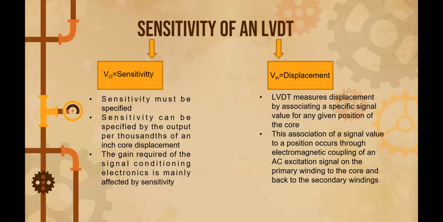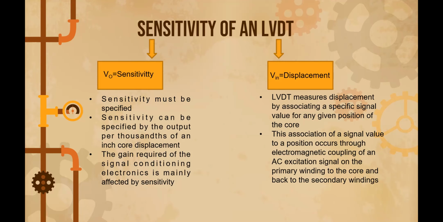The sensitivity is mostly affected by the gain required of the LVDT signal conditioning electronics. When there is a high input, there will be high sensitivity as well. So when it's high sensitivity, it doesn't need any amplification.